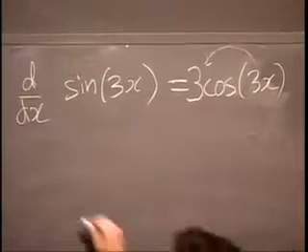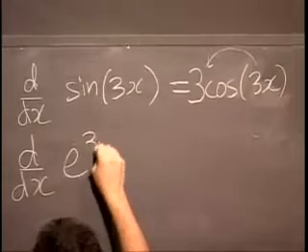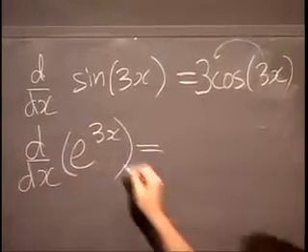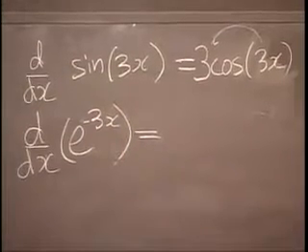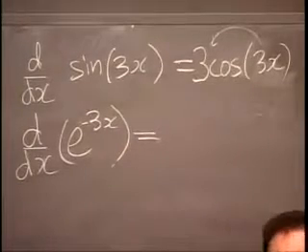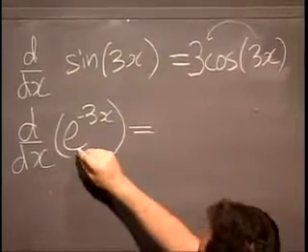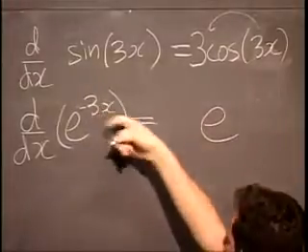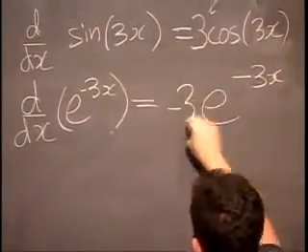Why do I bring this up? Because the same thing goes for e to the x, say. If I differentiate e to the minus 3x, I think is the example I have in the book. So I take e to the minus 3x and I want to differentiate it. Don't waste time with the chain rule. I've just replaced x by minus 3 times x. And so because the derivative of e to the x is e to the x, the derivative of e to the minus 3x is e to the minus 3x times minus 3.